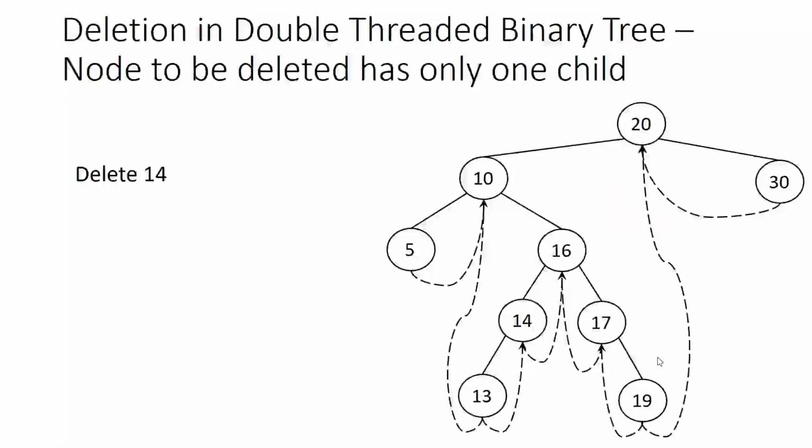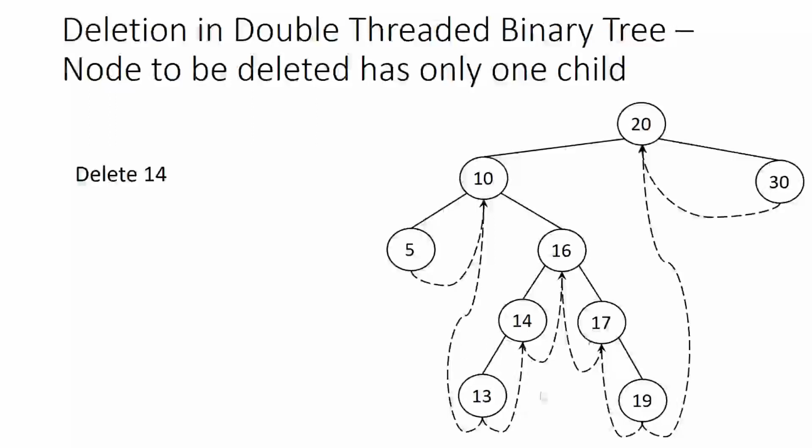Then the node to be deleted has only one child, meaning it could be either a left child or a right child. Now in this example we are seeing delete 14, a particular internal node which has a left child. So when we are deleting an internal node which has the left child, 13 should be used to replace 14, because it has only a single child. This is a process we have discussed already in the case of binary search tree.